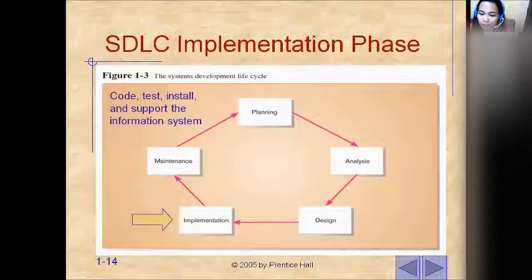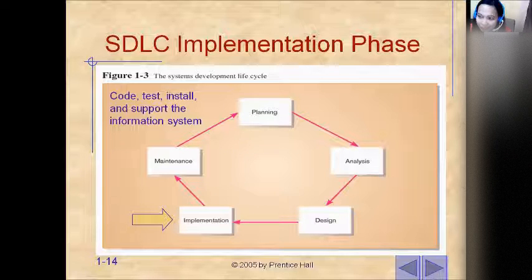You're going to write the algorithms and functionalities here. If you're coding a program, you have to test it as well, right? Then you're going to install it and support the information system. Meaning, you're going to install it to the client for checking purposes. And after the installation, of course, you have to what?